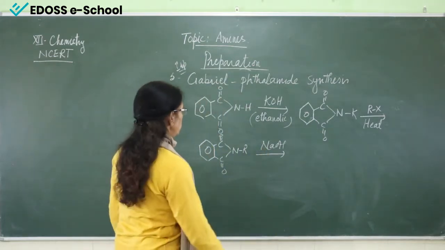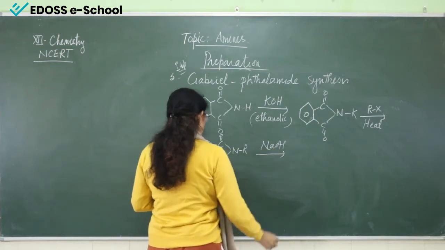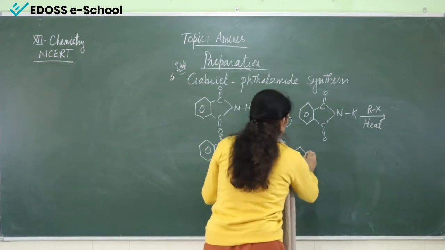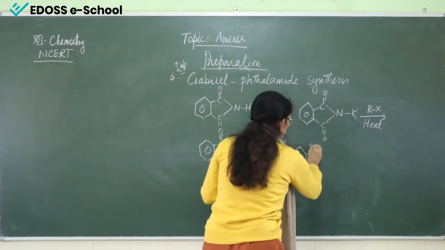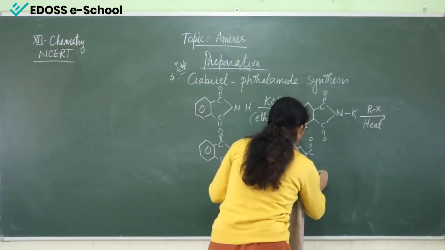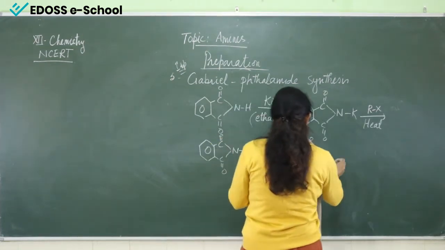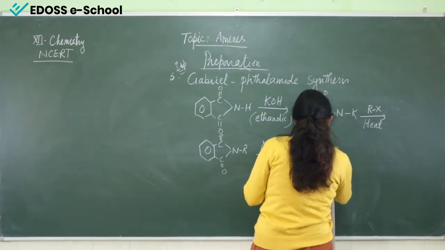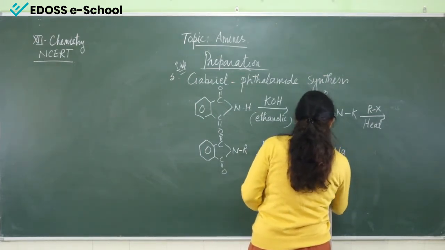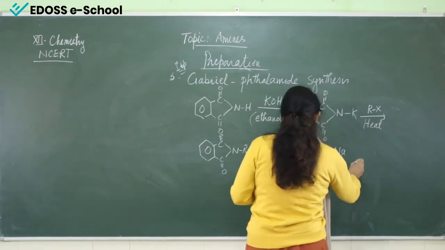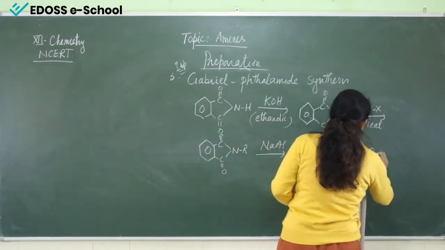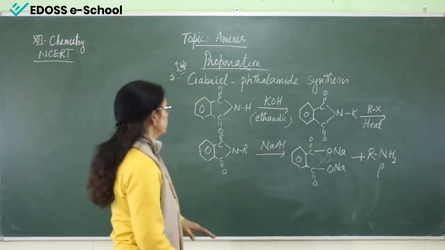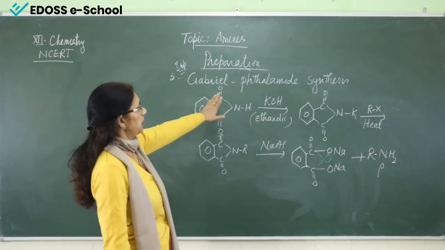Then with NaOH, this is benzene ring, carbon attached with 2 carbonyl groups and ONa, and primary amine is formed here. This is Gabriel phthalimide synthesis.